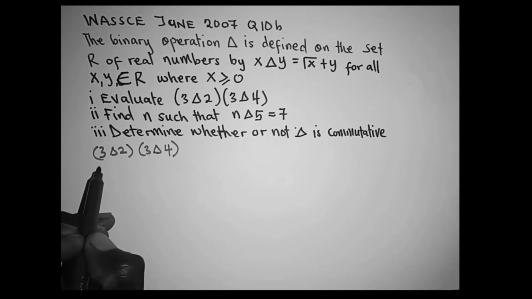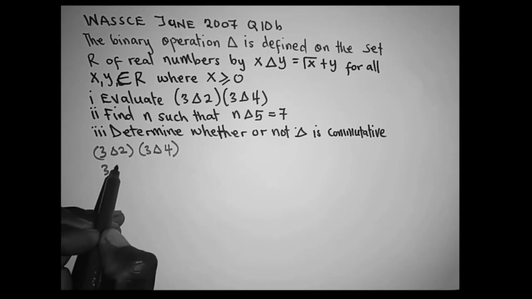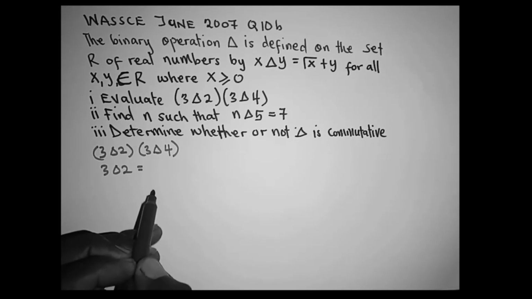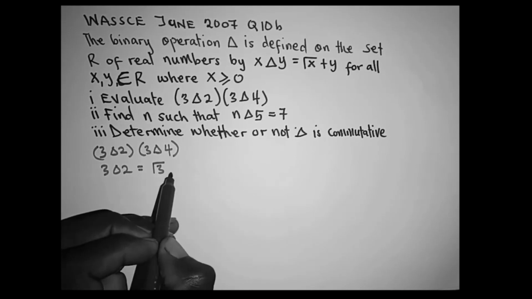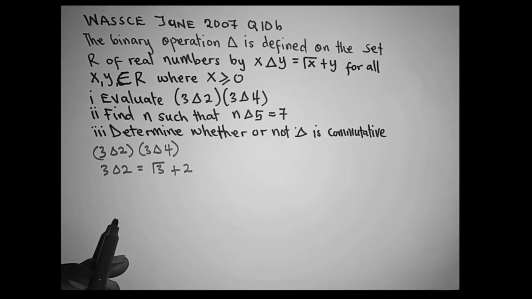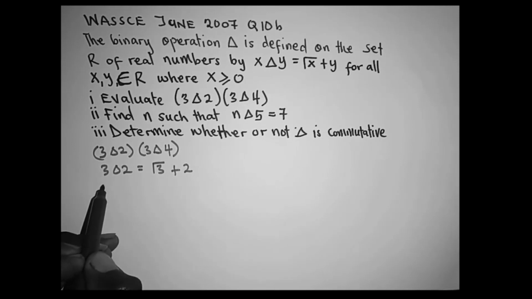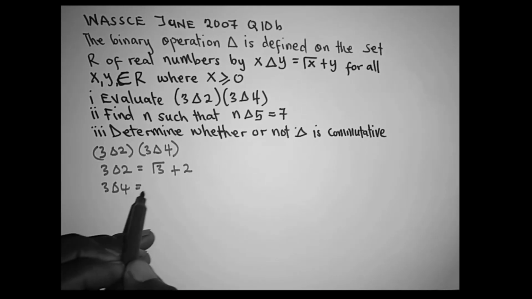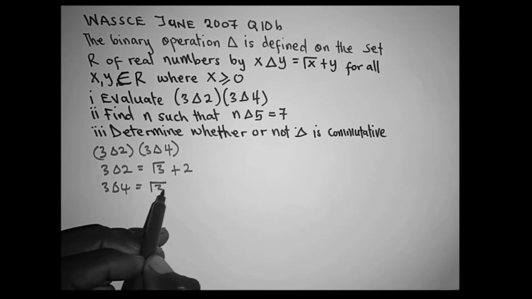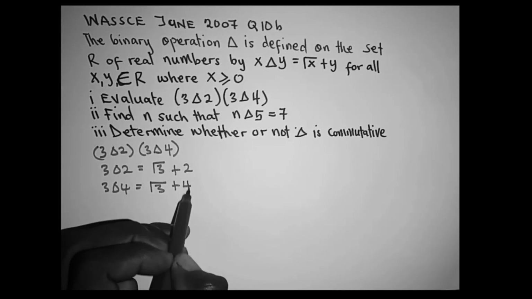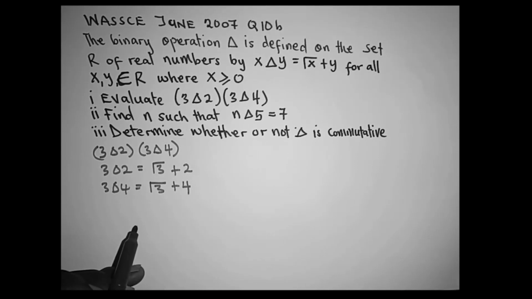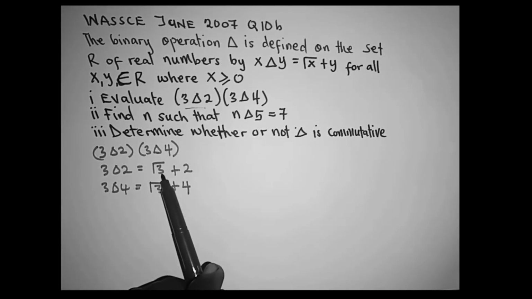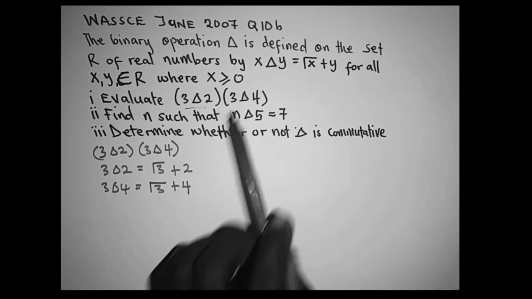So what we must first do is to evaluate 3 operation 2, and that is equal to root 3 plus 2. Then the next aspect is to evaluate 3 operation 4, and 3 operation 4 will be equal to root 3 plus 4. So now, having found these, we'll then go ahead and multiply.